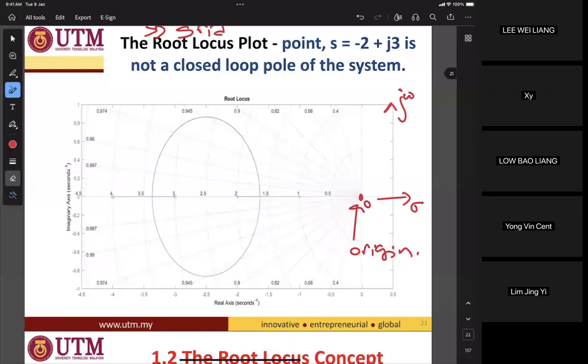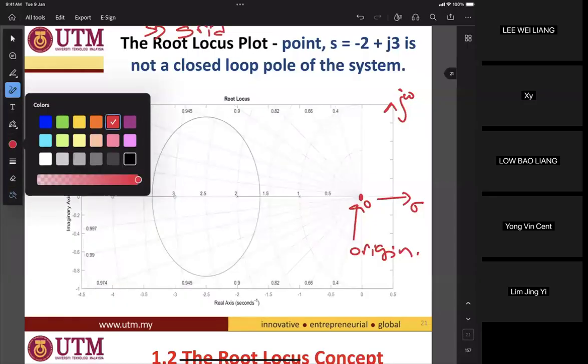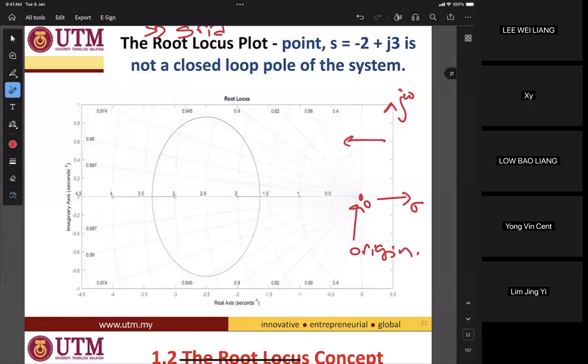What is the name of this line? Lau? Name of this line, the straight line, the horizontal one?